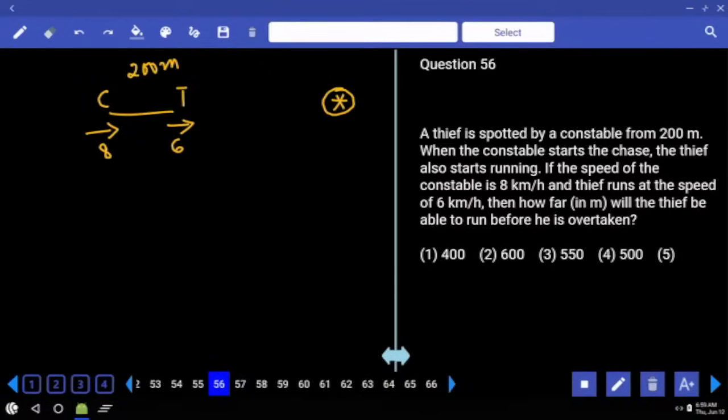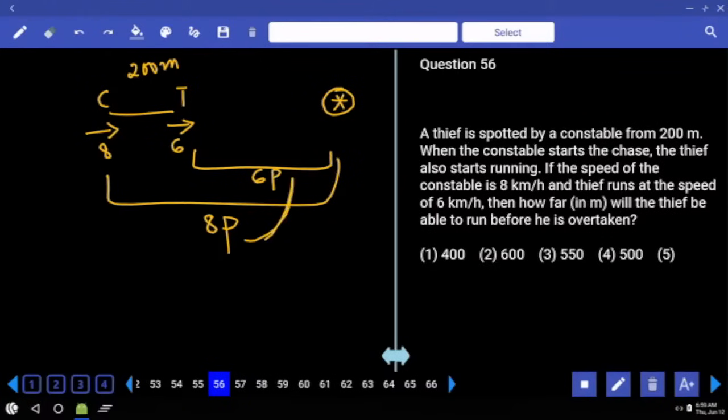So the distance ratio is the same: one is 8 parts, this is 6 parts. The difference is 2 parts, which is 200 meters, so 6 parts is 600 meters and 8 parts is 800 meters.